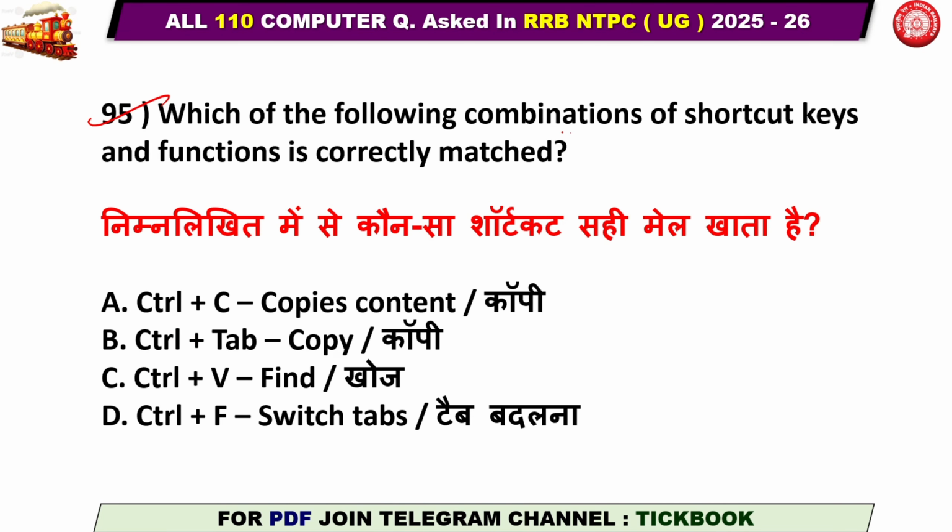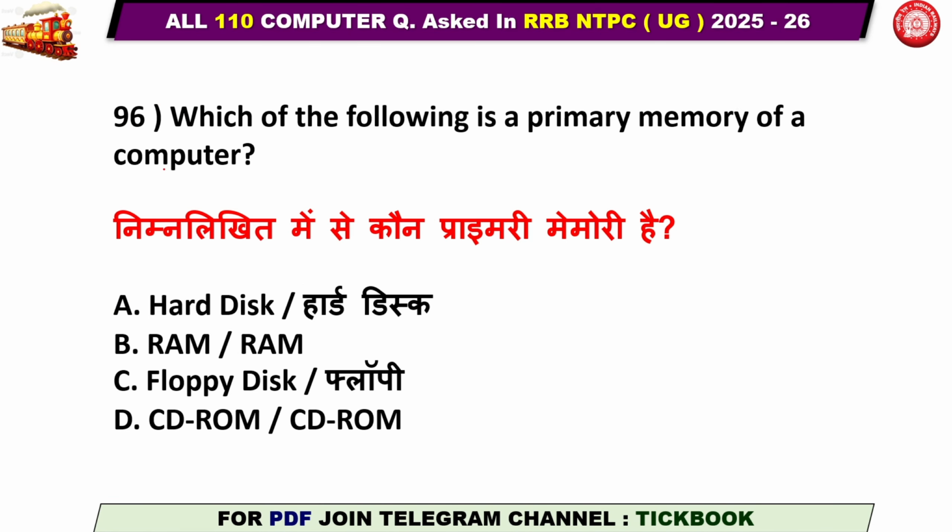95. Which of the following combinations of shortcut keys and functions is correctly matched? Option number A, Control plus C copies content. 96. Which of the following is the primary memory of a computer?